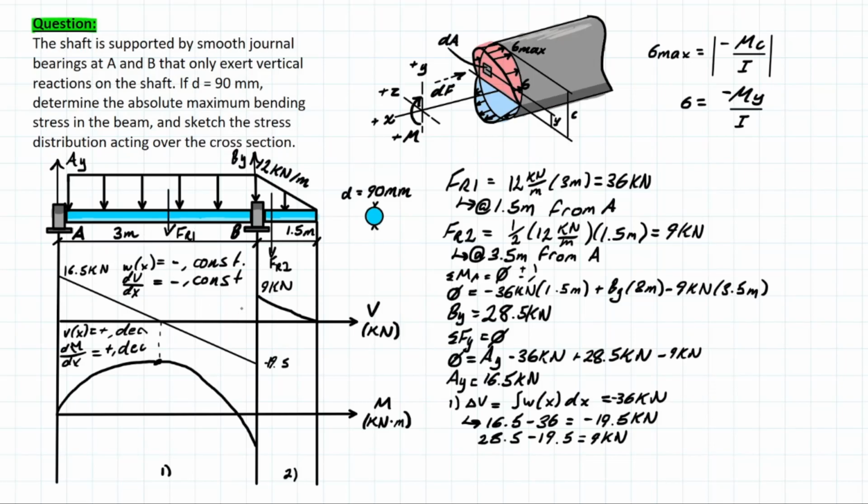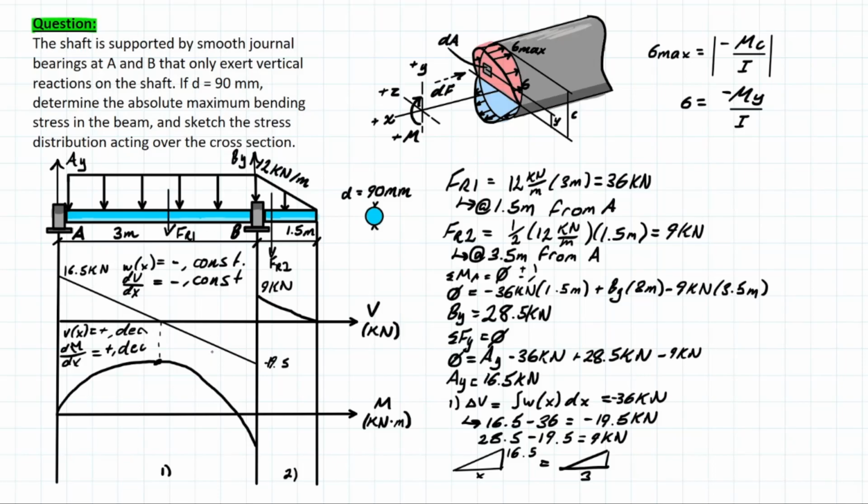But what we can do is we can relate this to similar triangles. And we know that for, let's say, this triangle here, we have 16.5 at the top right here, but we don't know that value of x. And we can consider this entire triangle as a length of 3 meters for our entire span of our segment, and take the entire difference in shear for that entire length.